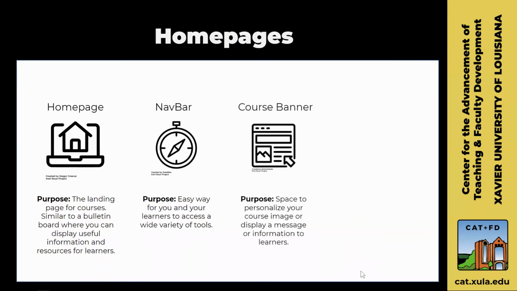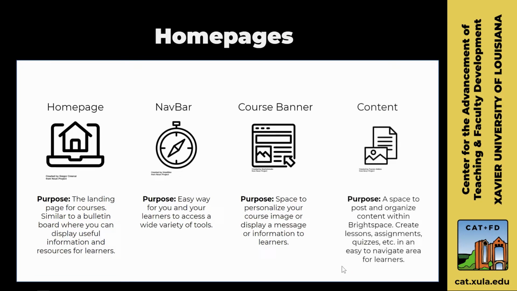Your course banner, you use that to personalize the course with an image that's reflective of what the course is. And you can, if you choose to, display messages to your learners. The content area we won't get into today, but this is a space that you can post and organize content within Brightspace.